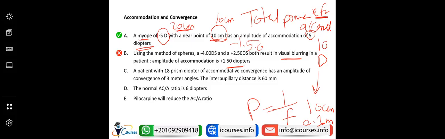However, even though he will not suffer from visual blurring, he will suffer from asthenopia, strain or headache from his eyes because of the constant strain. But he will not be blurred because he can see the image clearly, as he is still emmetropic for this image. He has +1.5 diopters, and we are placing -1.5 diopters of lens.